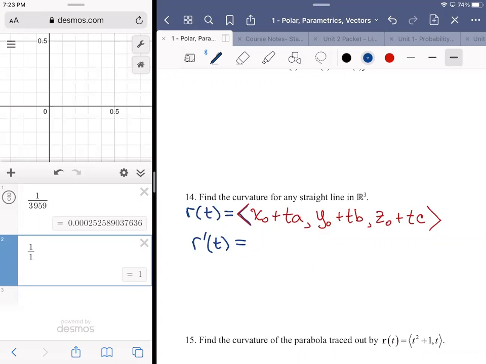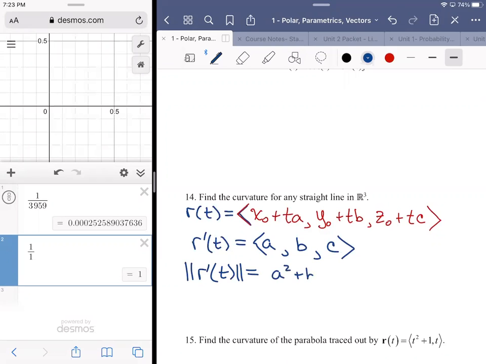So the derivative would just be a, b, c. Now that magnitude, really not much you can do with that, which is the double-edged sword, since we can't do anything with it, we're stuck with all of that. But it doesn't mean it's going to be difficult.